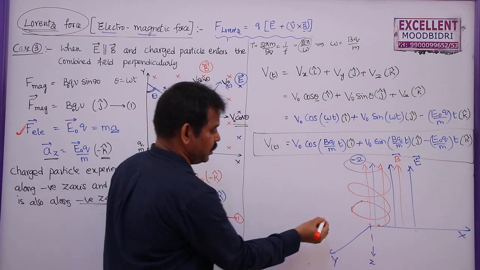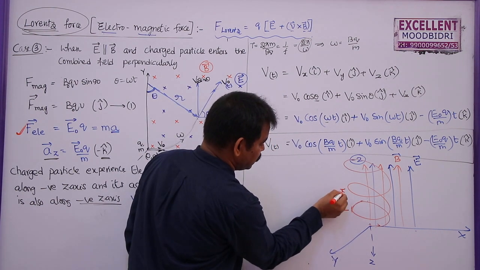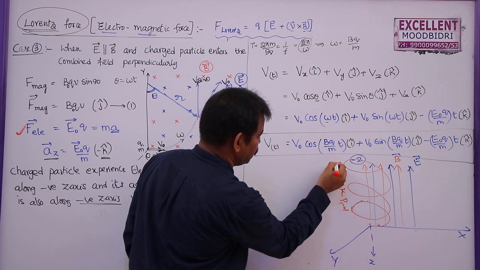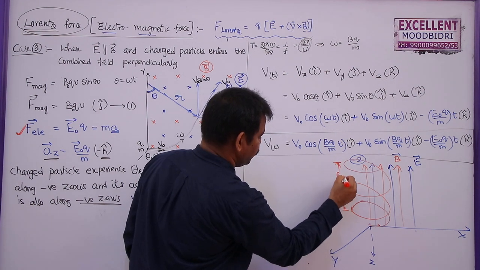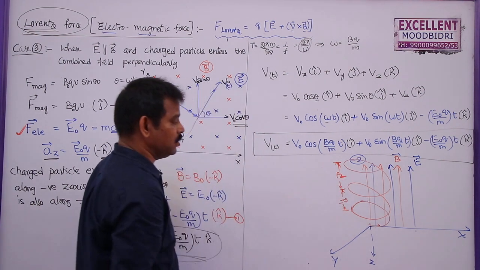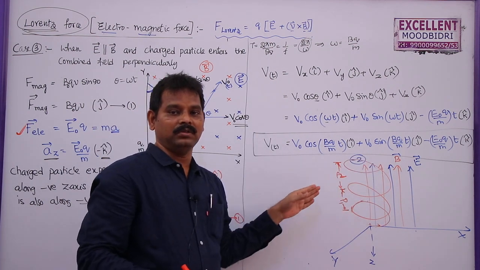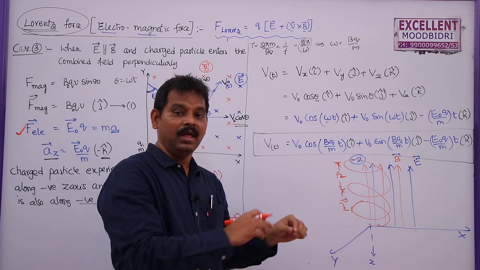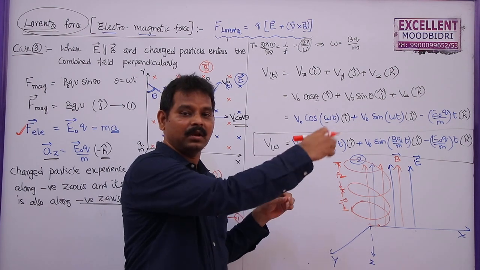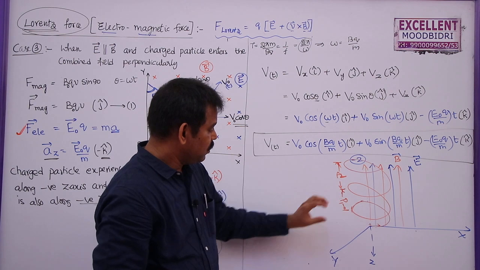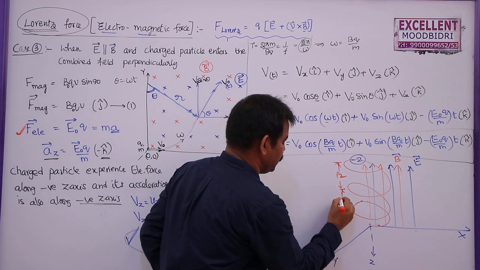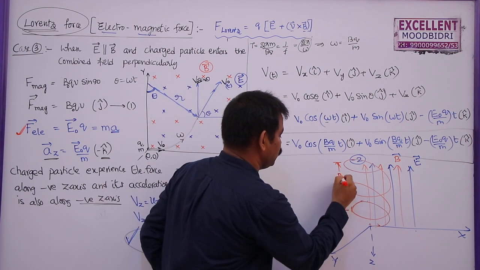Remember, in the previous case, the pitch was constant. So this is pitch 1 and this is pitch 2. Here the pitch is not constant. Why is the pitch not constant? In the previous case, when only the magnetic field is acting and the charge enters into the magnetic field at an angle theta, it will describe a helical path of equal pitch. But here the pitch is different. So this is P1, this is P2.